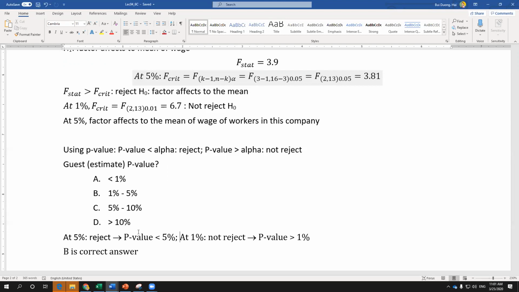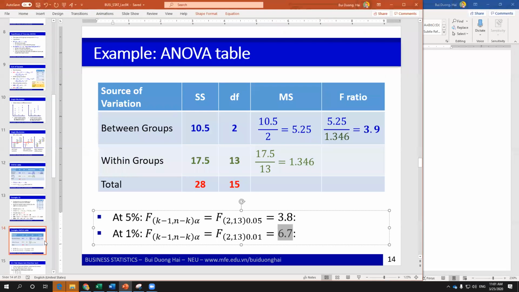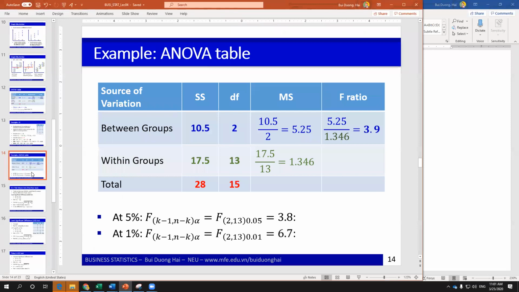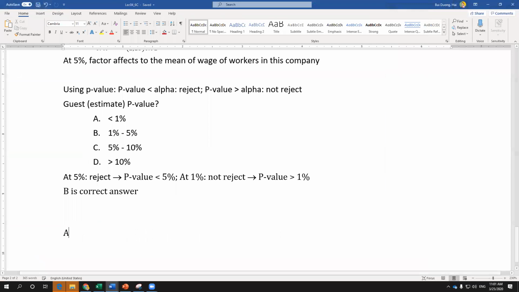This one is B. Now, the ANOVA test is the test for equality of every mean. This is the overall test of means. That means a test for equality of every mean.